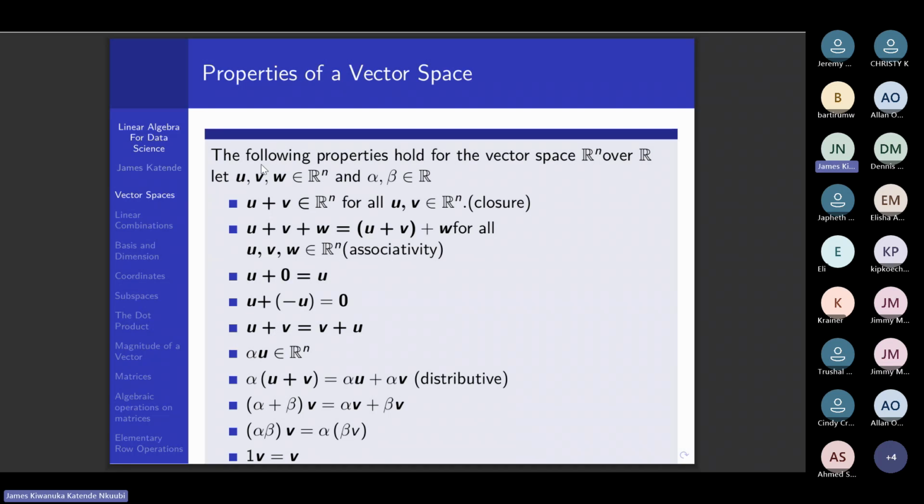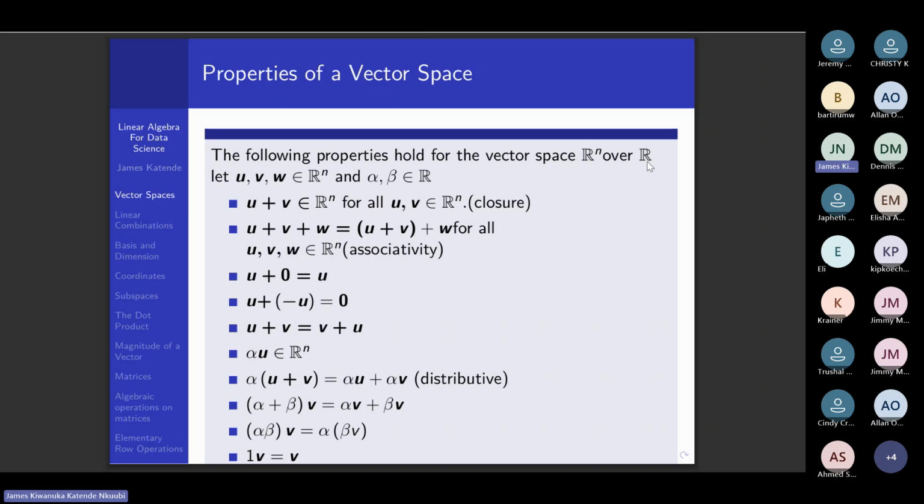So here we can now make a formal definition of a vector space. A vector space requires the following things. You need a set. In this case, our set will be Rn, and you need a field.